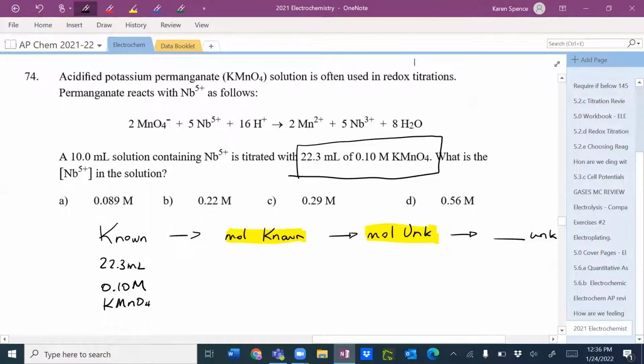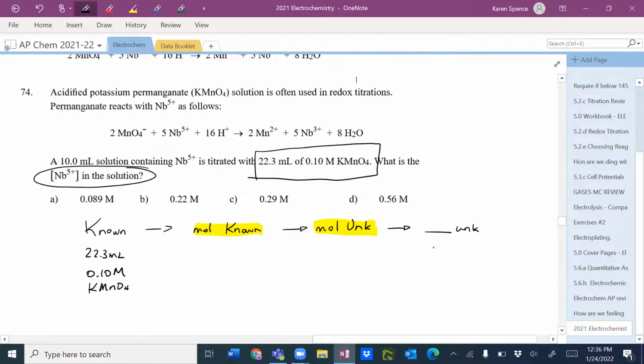And we know that we have our unknown. We're being asked for the concentration of the Nb5+, and that's going to be in moles of Nb5+ per liter of Nb5+.